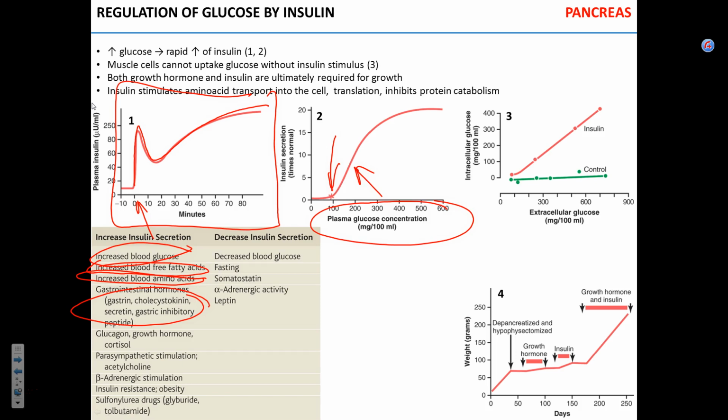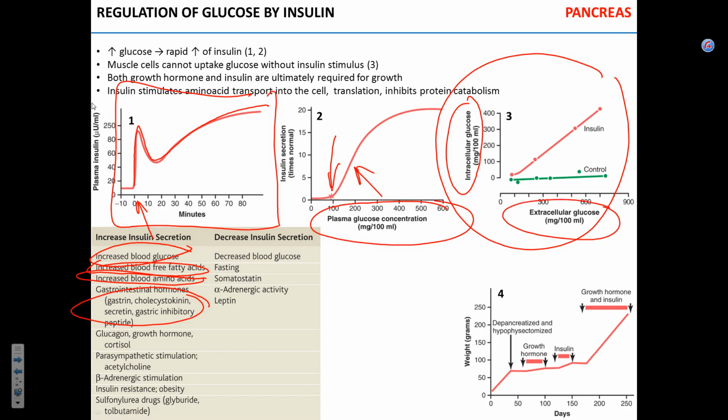Now, interesting thing is, one of the most staggering evidence to the role of insulin in the glucose uptake is right here. So the y-axis is intracellular glucose, glucose inside the muscle cell. Here, on the x-axis, is extracellular glucose, basically glucose in the blood.